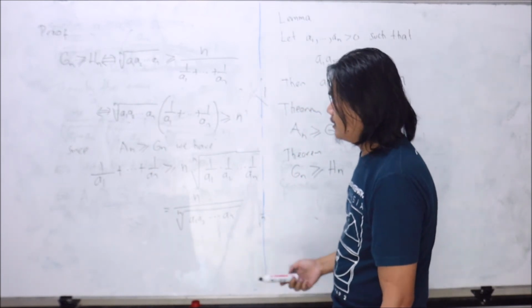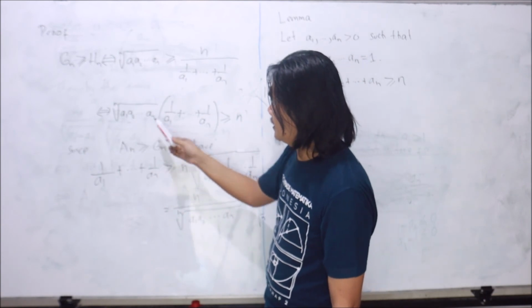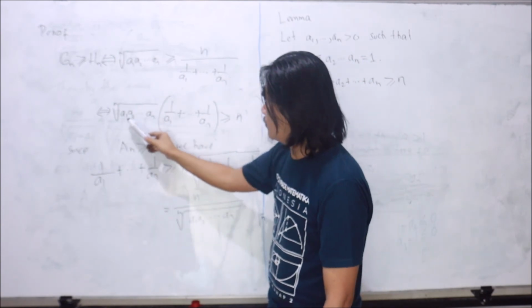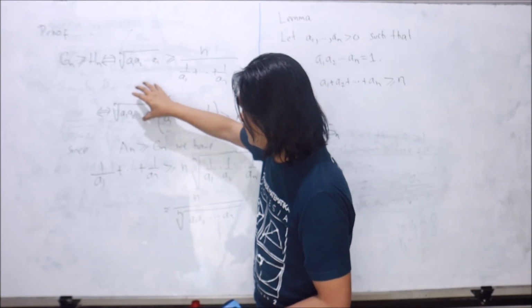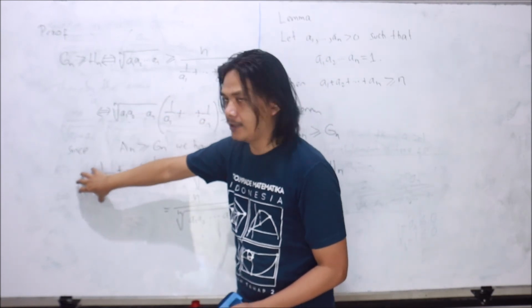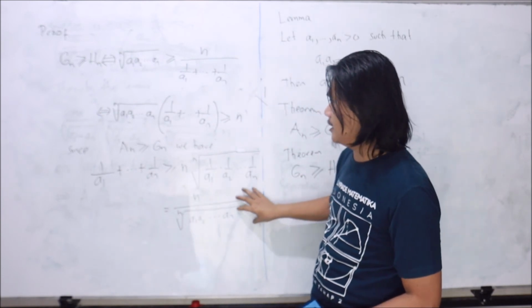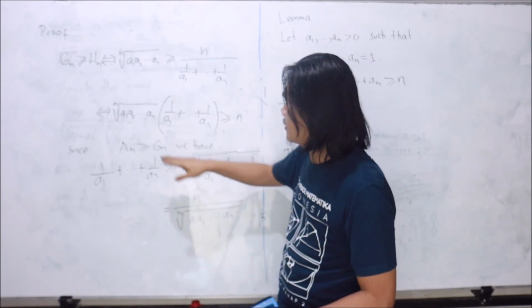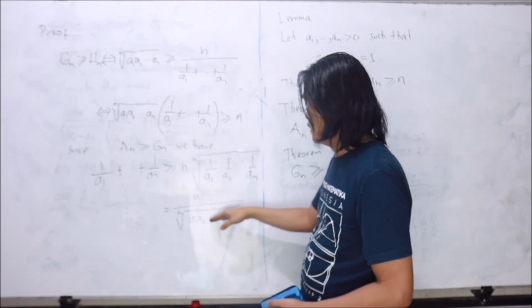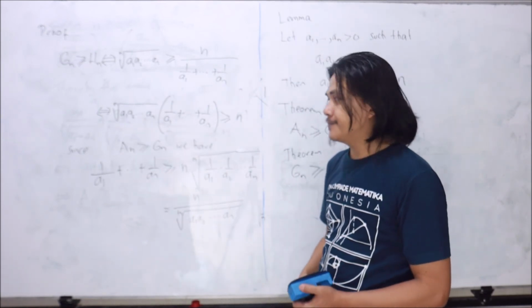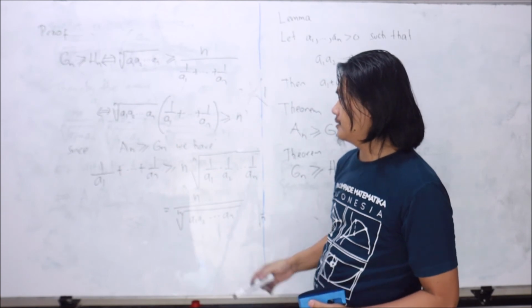Now it is clear that if we multiply this expression with the nth root of a1 up to an, we multiply this guy to the left hand side and also to the right hand side, we can get right away this statement. So their nth roots will cancel each other, right? Okay?